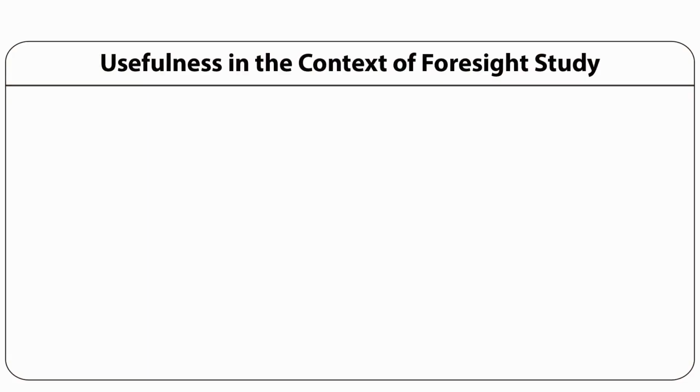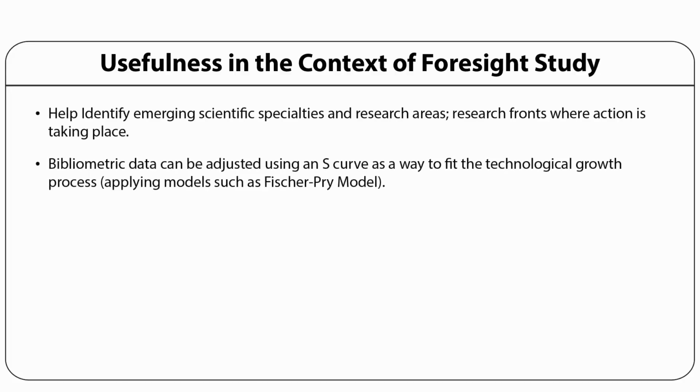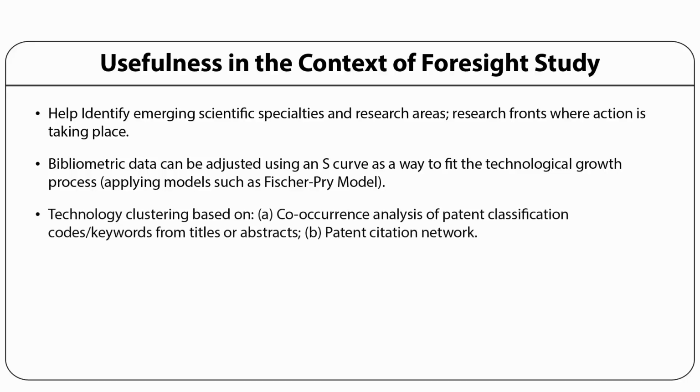In this slide, we look at the usefulness of scientometrics in the context of foresight study. Scientometric methods help to identify emerging scientific specialties and research areas, research fronts where action is taking place, and technology clustering based on co-occurrence analysis of patent classification codes, keywords from titles or abstracts, and patent citation networks, which are important inputs for foresight study.